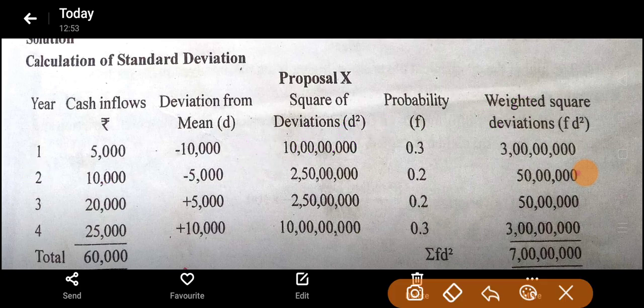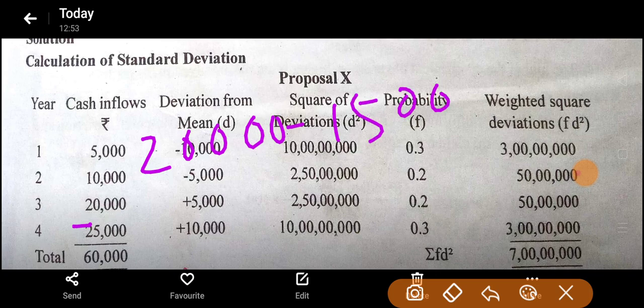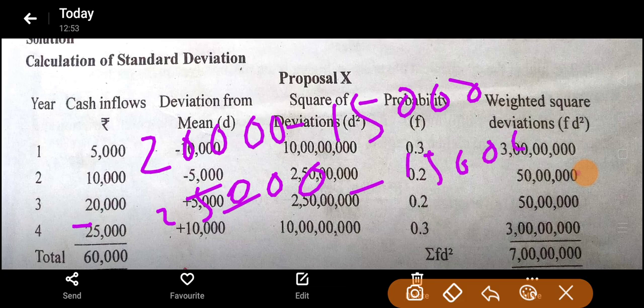Next, 20,000 minus 15,000, that will be 5,000. Then the fourth one, 25,000 minus 15,000, that will be positive 10,000.